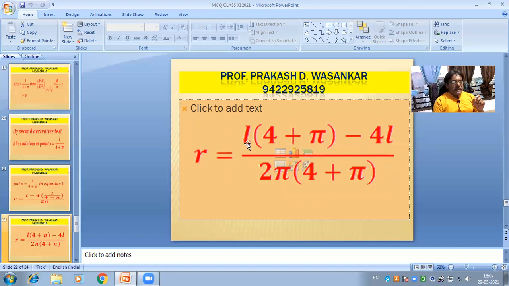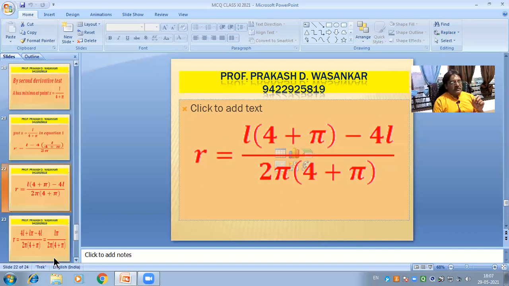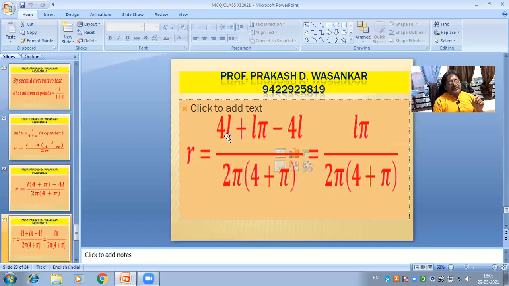cross multiply: L in the bracket (4 plus pi) minus 4L, upon 2 pi into (4 plus pi). Then multiply by L. So we get L into 4, 4L; L into pi, pi L. Therefore r is equal to 4L plus pi L minus 4L, upon the denominator as it is, that is 2 pi (4 plus pi).